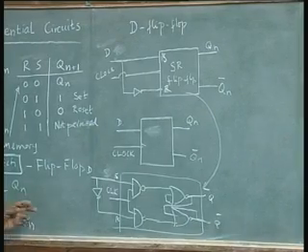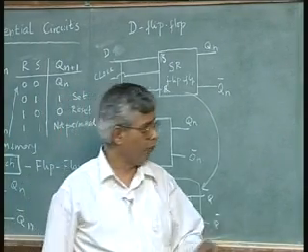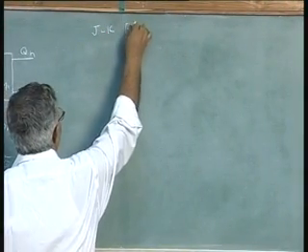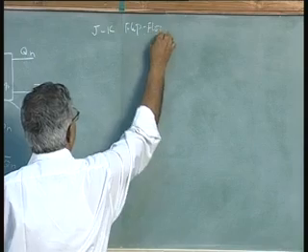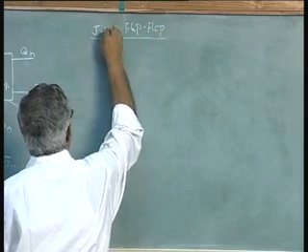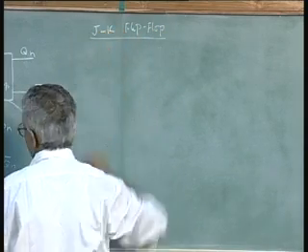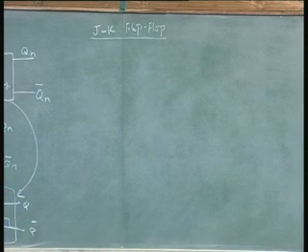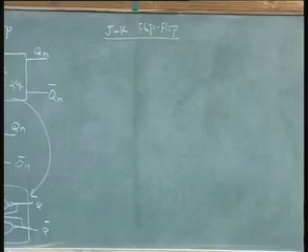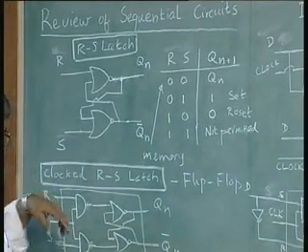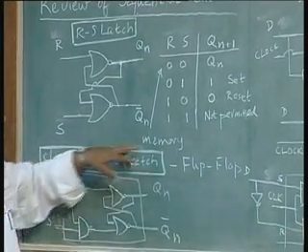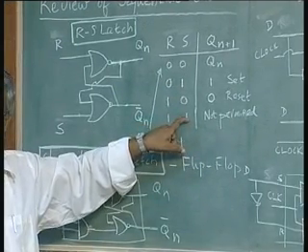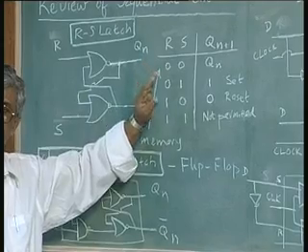We are also familiar with the next flip flop called the JK flip flop. See, the problem with the SR flip flop is that one of the conditions, in this case in an RS flip flop 1 1, or SR flip flop whatever, the 1 1 condition is not allowed, because I said that leads to undefined operation afterwards.